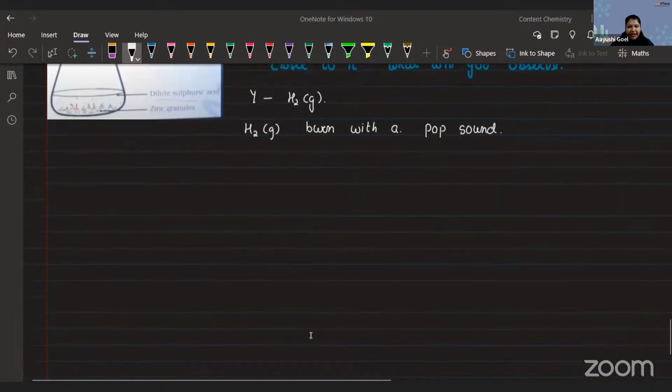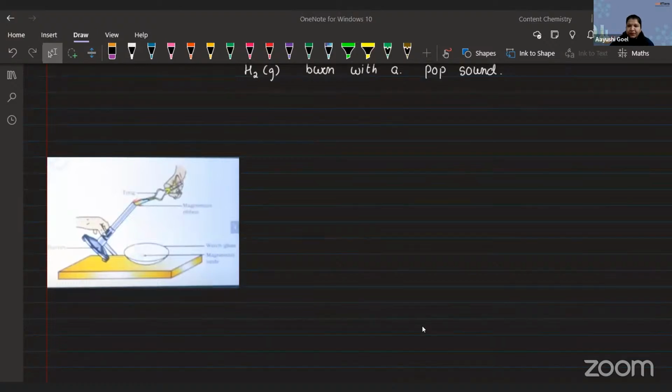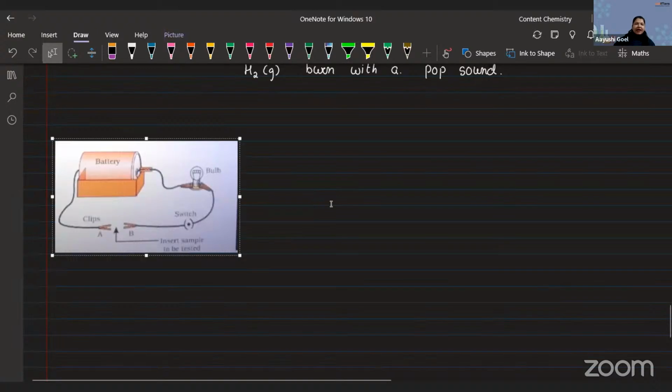Okay, let's go to the next type of question. So this is your next activity type of question. Let's take this question. Now they have taken a switch and a bulb and they are taking A and B and clipping them together. Now in this question, we have to understand metals and their properties.